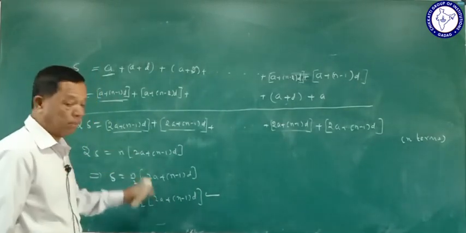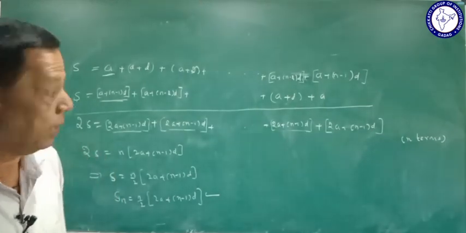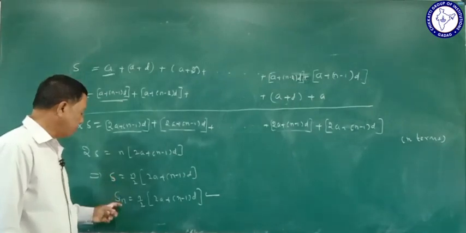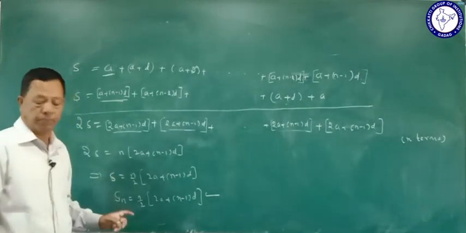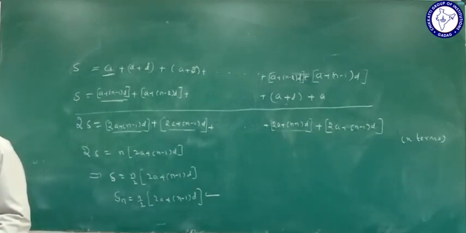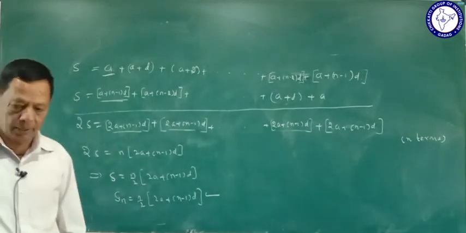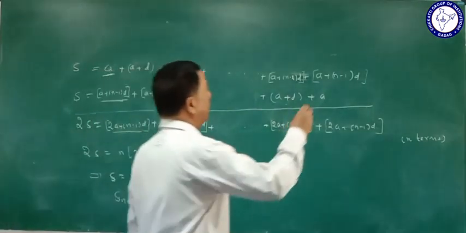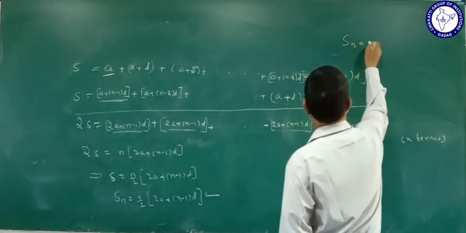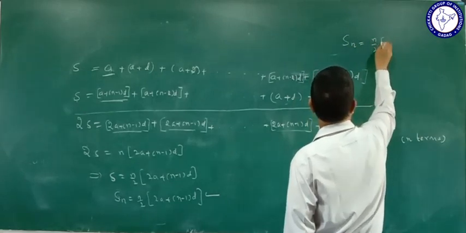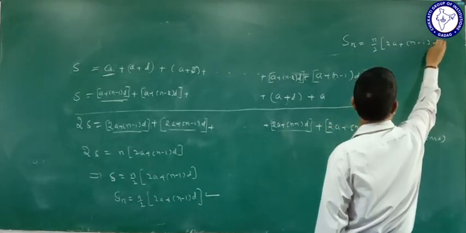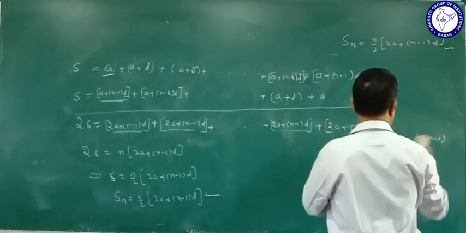This is the formula we are using to find the sum to n terms. I hope you understood how you have got this formula using the previous technique. The sum of n terms we write Sn, sum of 3 terms we write S3. So that is why you have to use the formula. Now the formula to remember for the sum to n terms: Sn is equal to n by 2 into bracket 2A plus n minus 1 bracket complete into D. This is the sum to n terms of an AP.